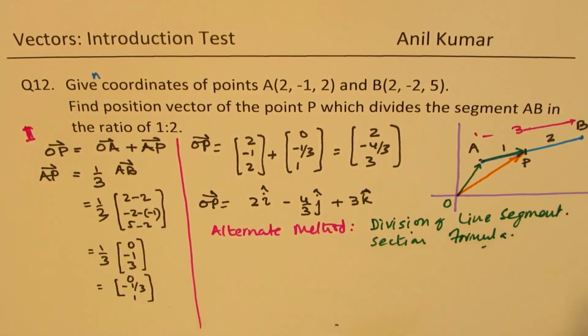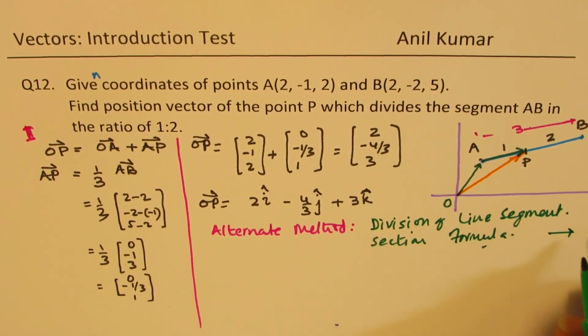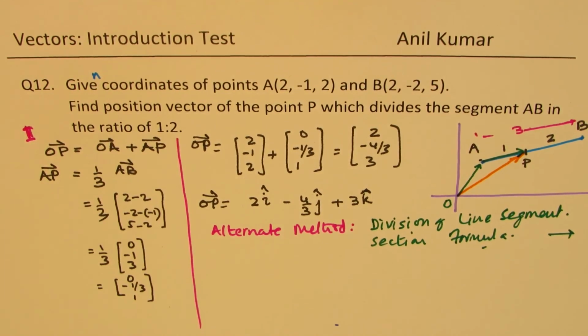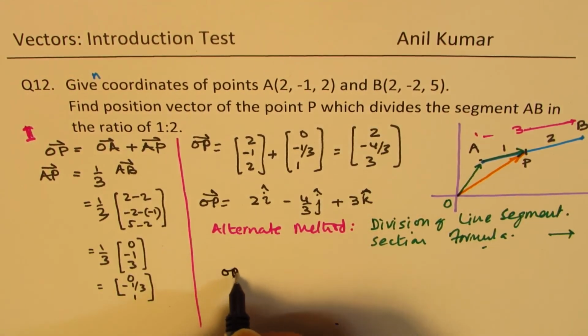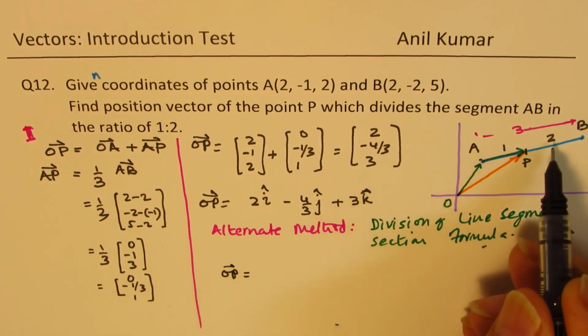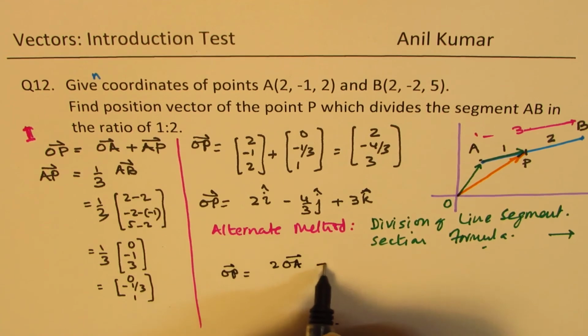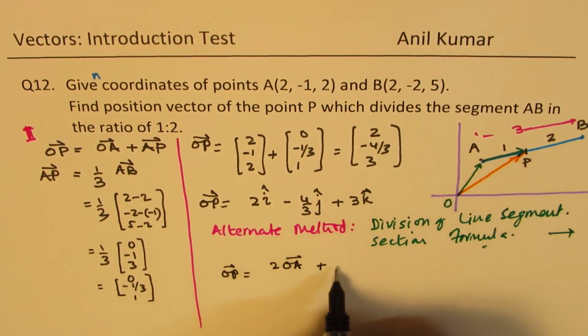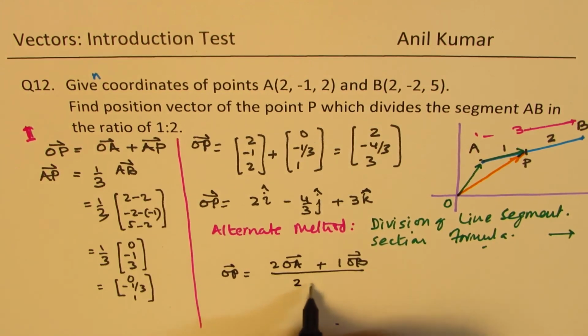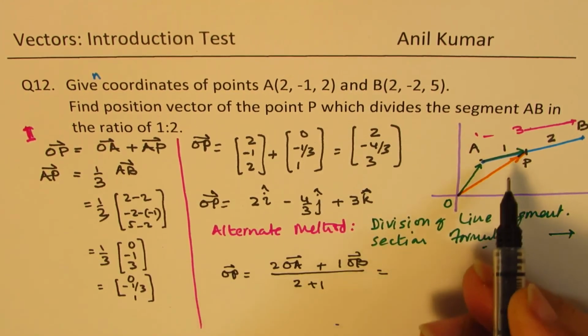I'm not getting into details of this. There are some references which you can check. I'll provide you with the link. From there we can directly get the value of OP. So OP directly will be equal to 2 times OA plus 1 times OB over 2 plus 1. So that helps you to get a direct result.